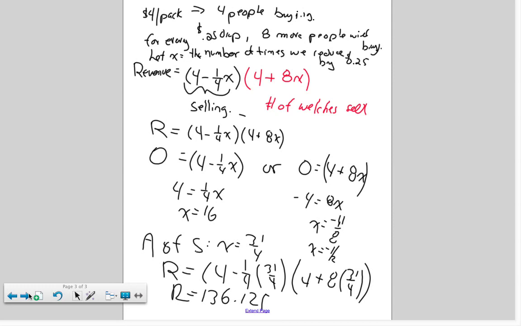So the question is, x is the number of droppings. X is the number of times I need to drop my price. So I need to drop my price 8 times, according to this. 31 divided by 4 is roughly 8. So I drop my price 8 times. I have to drop it down to $2. And at $2, I'll sell it.